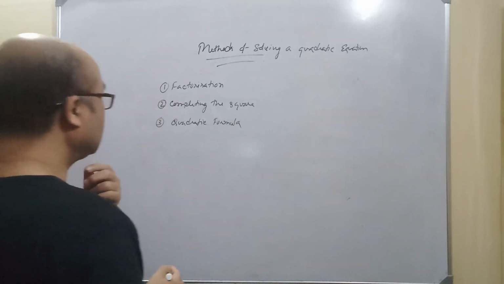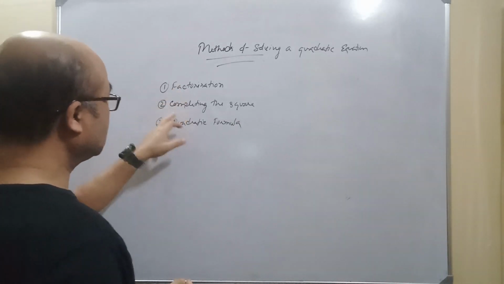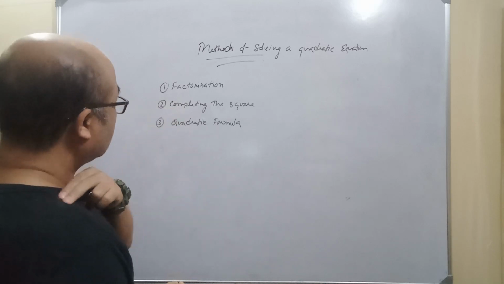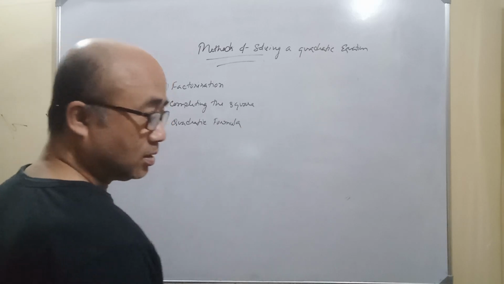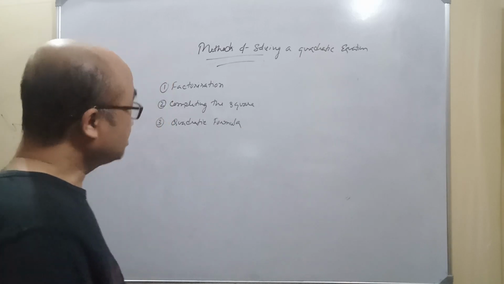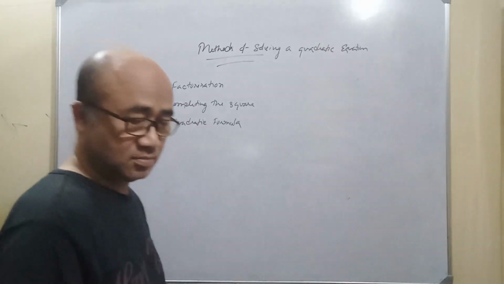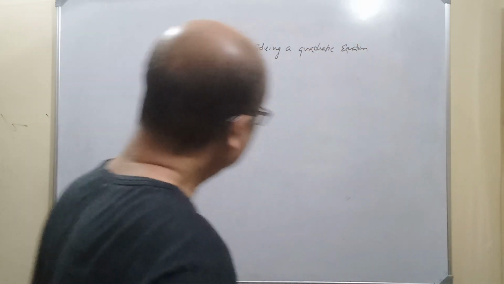So these are the main methods: factorization, completing the square, and quadratic formula. So let us start with factorization, the first method.